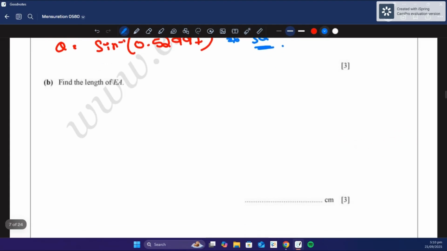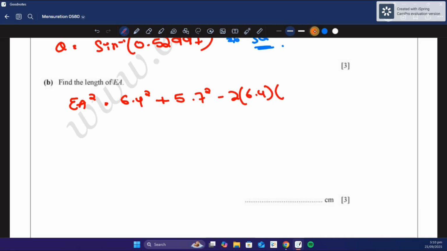Okay, we're going to use the cosine rule. So EA squared is equal to 6.4 squared plus 5.7 squared minus 2 times 6.4 times 5.7 times cos of the angle, which is 32.003.